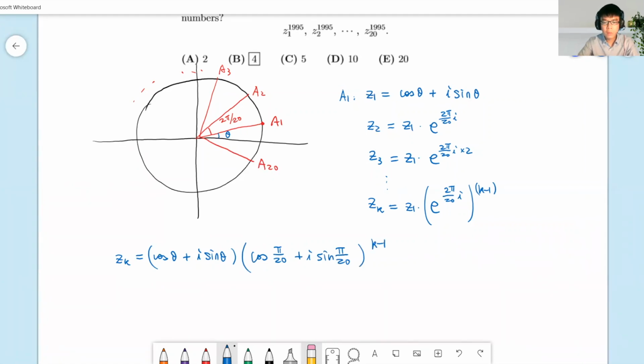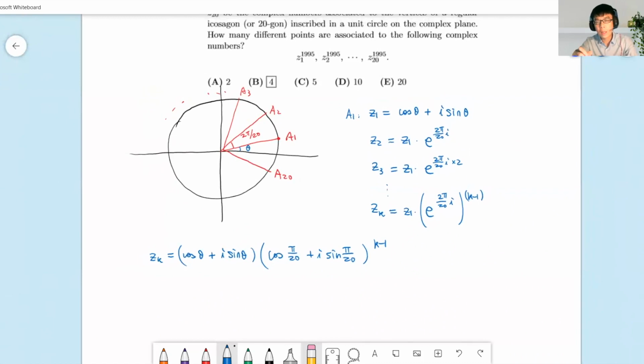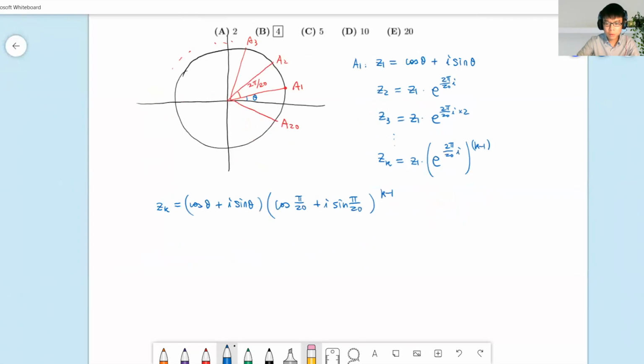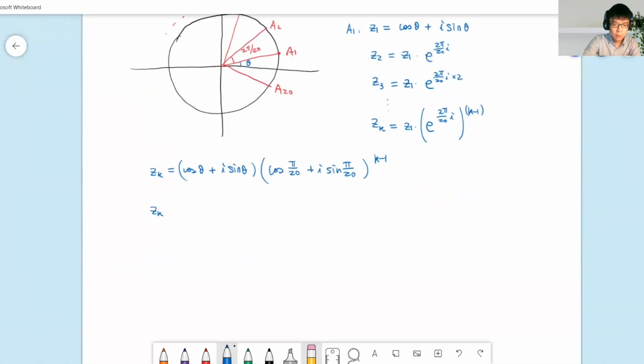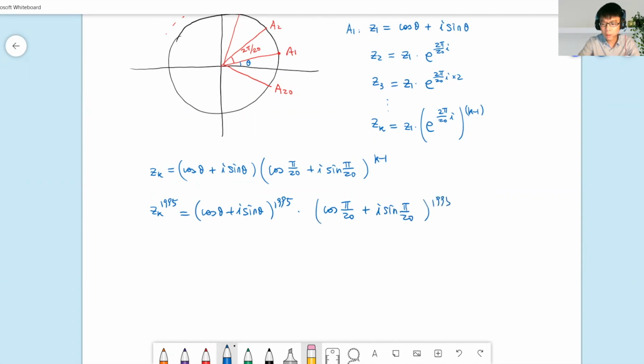Next we are going to take the 1995th power. So Zk to the 1995 equals cosine theta plus i sine theta to the 1995, times cosine pi over 20 plus i sine pi over 20 to the 1995. Of course, don't forget this k minus 1.